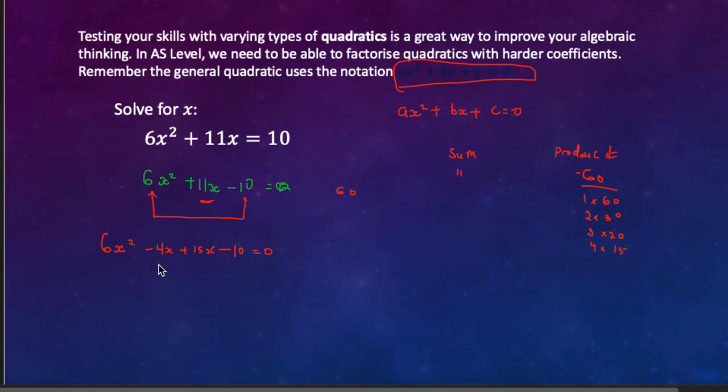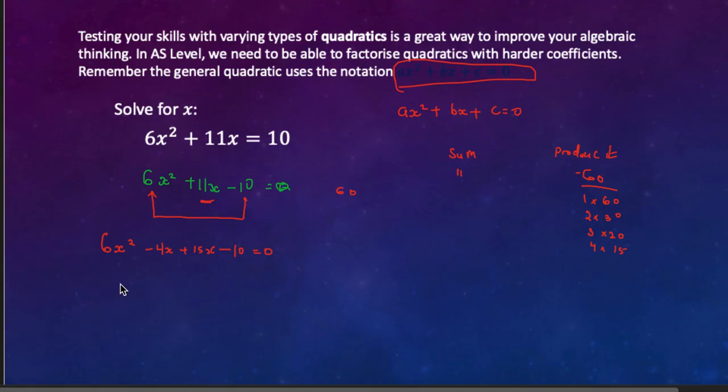Minus 4x plus 15x is plus 11x, and the other two terms, the 6x squared and the minus 10, are already from the original equation. The only part we've adjusted is the sum, the bx, the coefficient of x.